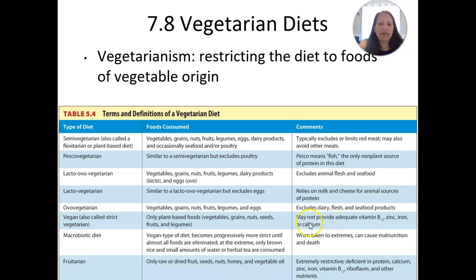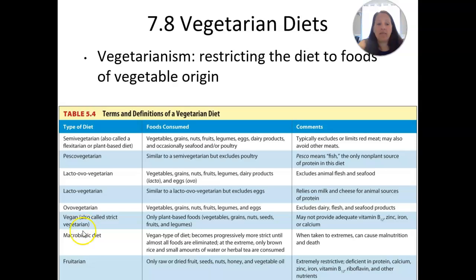Not that there are no levels of, for example, calcium or iron or zinc in some vegetables, but not adequate amounts. There's not going to be any vitamin B12 unless it's a fortified food. Okay. And so people who are vegan need to eat fortified foods or take some type of supplementation to get adequate amounts of vitamin B12, zinc, iron, and calcium.